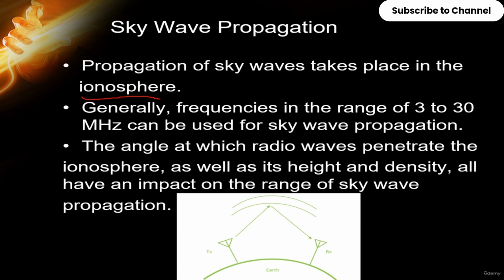You can see in this diagram the angle at which the radio waves penetrate the high density layer. This is the earth, and this is the ionosphere, which has a greater height range where the sky waves are propagated. When there is no phenomenon of reflection, refraction, or diffraction, antennas are used to propagate the signals.